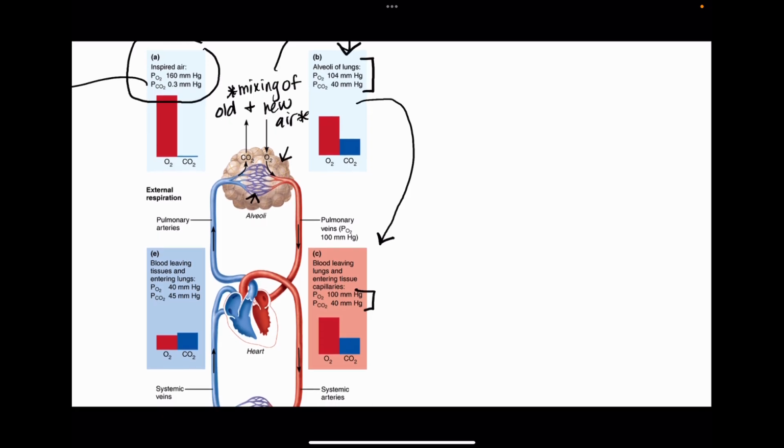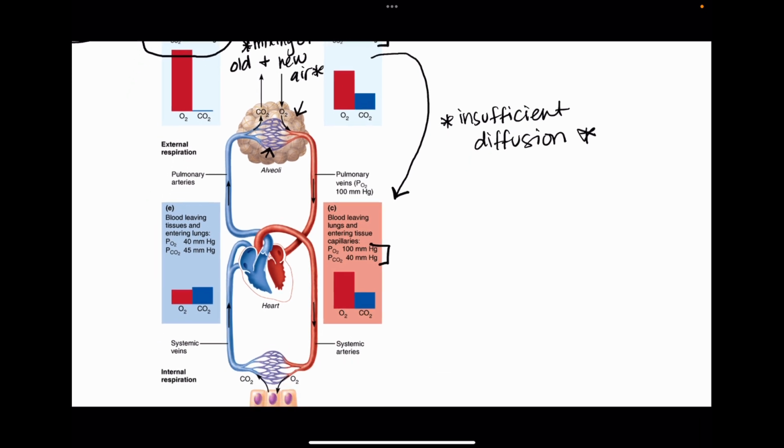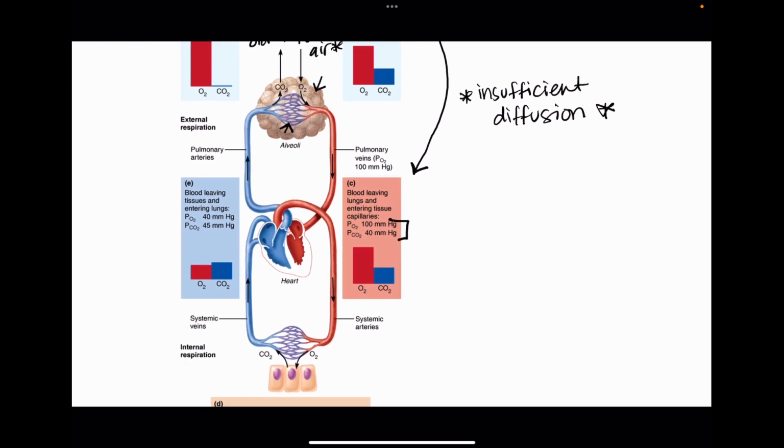The reason why it doesn't stay 104 like it was in the lungs and comes down to 100 is due to insufficient diffusion. So diffusion is not perfect, and we're not going to get exactly what's inside the lungs inside the blood. We're going to get close to it, and there's going to be an equalization that happens, but then we're going to have a slight drop. So PO2 ends up being 100, and PCO2 ends up being 40. And so that is in all oxygenated blood.